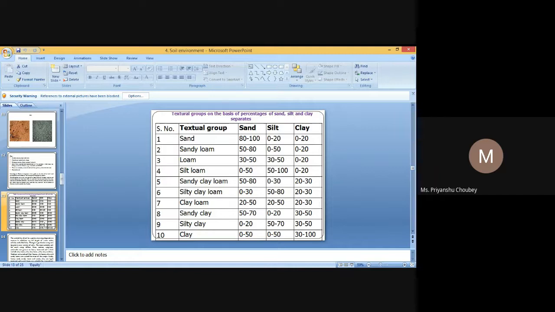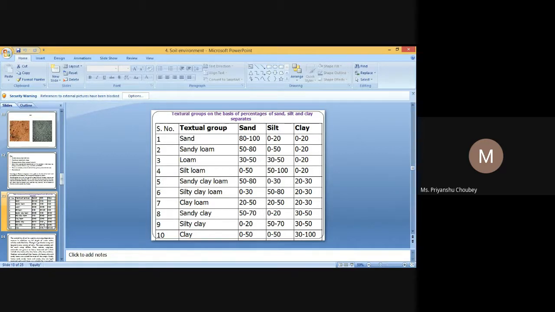Sandy clay loam: 50 to 80% sand, silt 0 to 30%, and clay 20 to 30%. Silty clay loam: 0 to 30% sand, 50 to 80% silt, and clay 20 to 30%. Clay loam: 20 to 50% sand, 20 to 50% silt, and 20 to 30% clay.